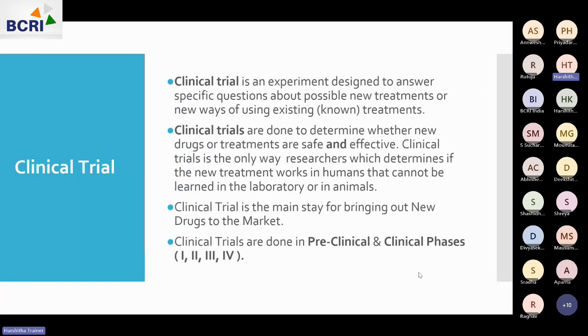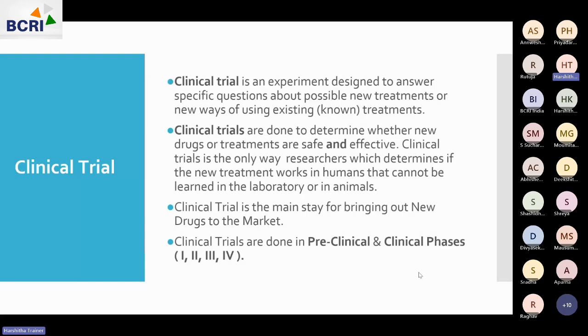Then let's see the definition of a clinical trial. It's an experiment designed to answer specific questions about possible new treatments or new ways of using existing or new treatments. Clinical trials are done to determine whether new drugs or treatments are safe and effective. Clinical trials are the only way researchers can determine if a new treatment works in humans, and that cannot be learned in the laboratory or in animals.